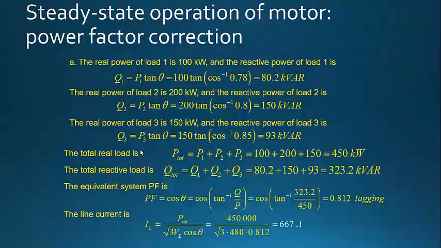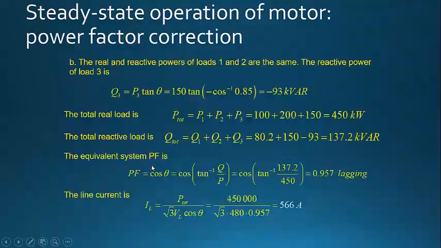So in the second case, the Q3 that we are going to get should be a negative reactive power. Okay, so once again, Q3 is equal to 150 tan theta, into bracket negative, the negative because of the leading power factor.